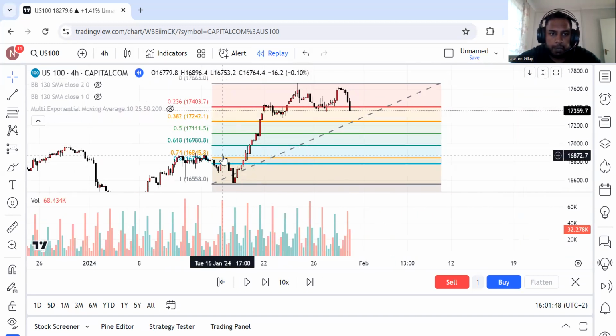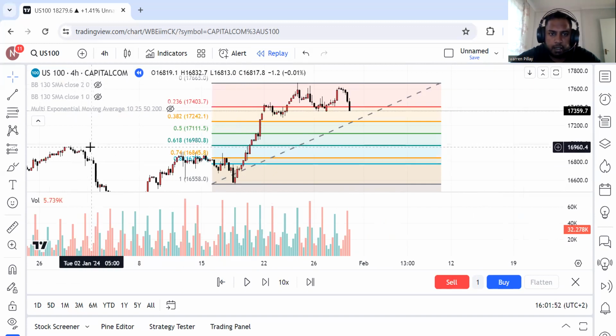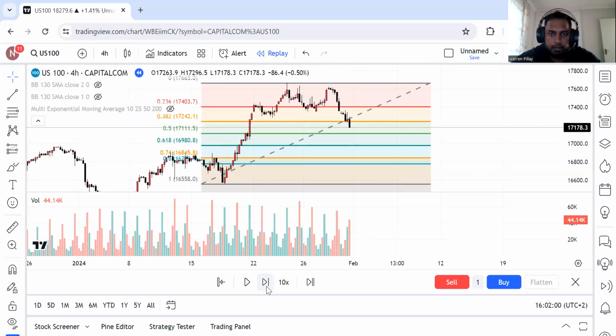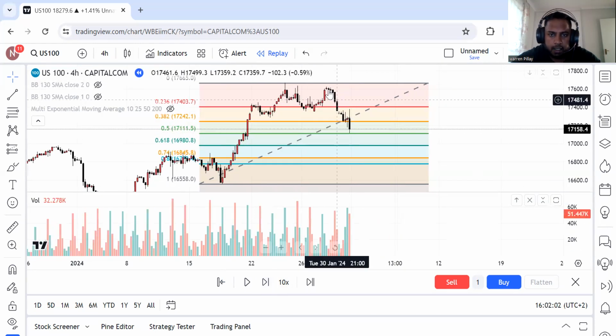We think, okay, maybe it comes around here to the 618 because it's a level here, or maybe it comes here on 0.5 because there's a demand level here, right? And then what happens is it comes down, and then we see this price action push up, push up. We see this bar here with a little wick.